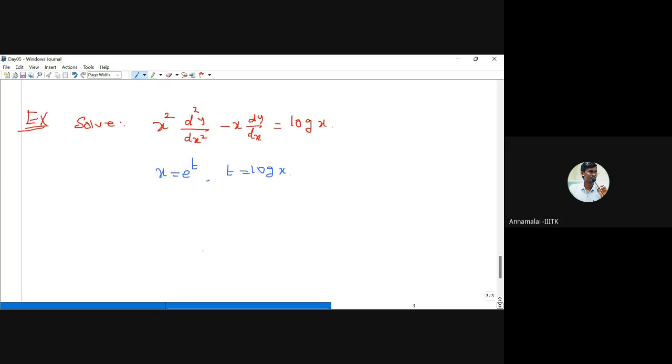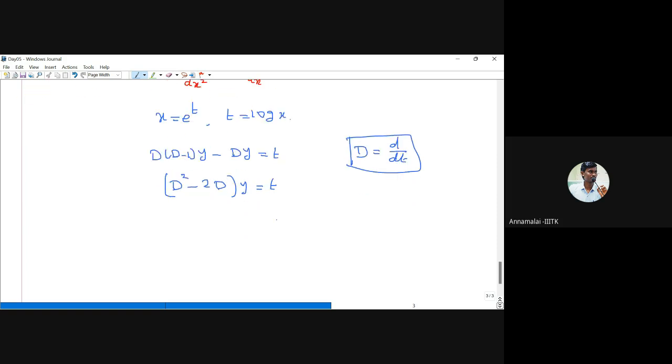Now this given equation reduces to x square d square y by dx square can be written as D into D minus 1 into y, minus x dy by dx can be written as Dy, equal to log x can be written as t, where D here is now d by dt, not d by dx. So therefore you can take y outside, we get D square minus D, and then here we give another D, therefore 2D into y equal to t.